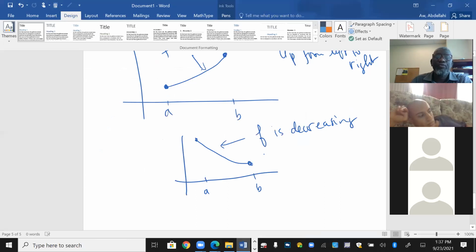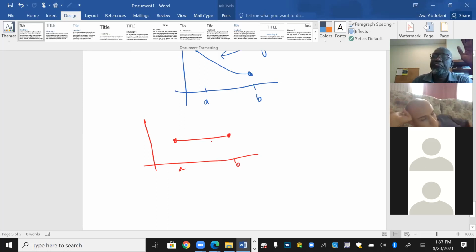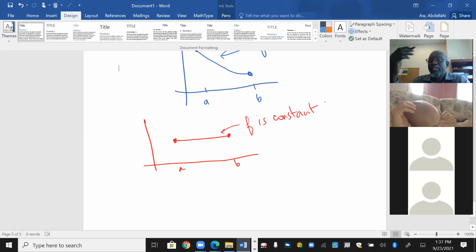And I have to tell you, when the function is straight, like this, it does not go up, does not go down, how do we call that function? Is this function increasing? Is the graph going up? No. Is the graph going down? No, right? So this function is constant. It is not going up, it is not going down, right?